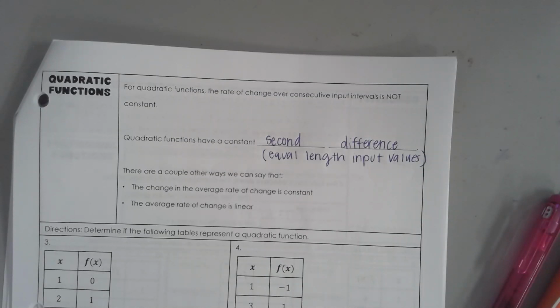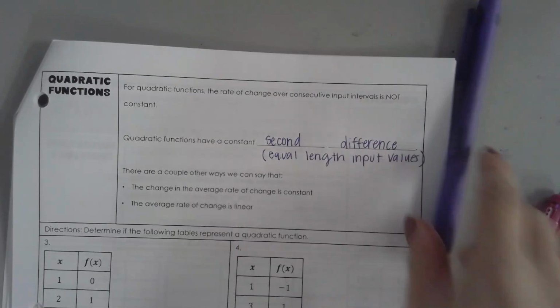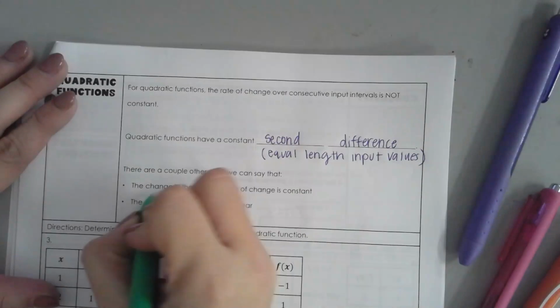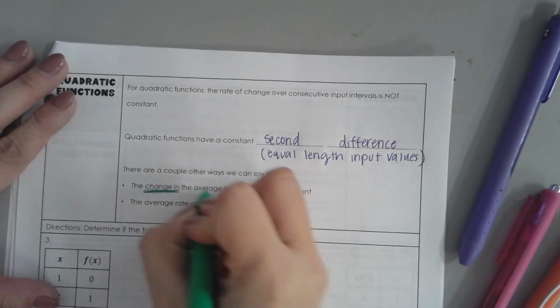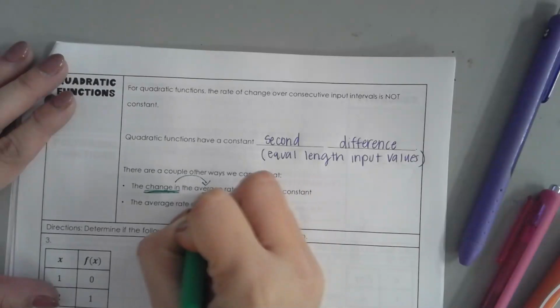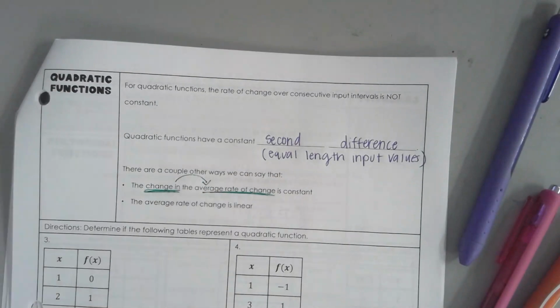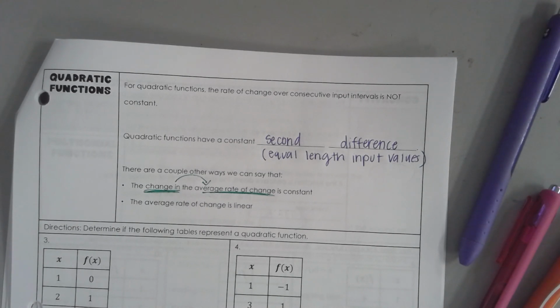All right. Some other ways that you might see the reasoning. You might see the change in the average rate of change. The word change is in there twice. Second difference, so that's constant. The change in the average rate of change. So bear with me, we'll get to some examples.